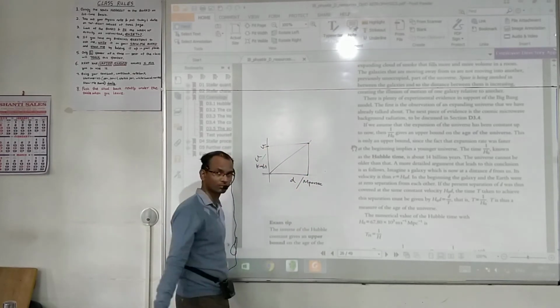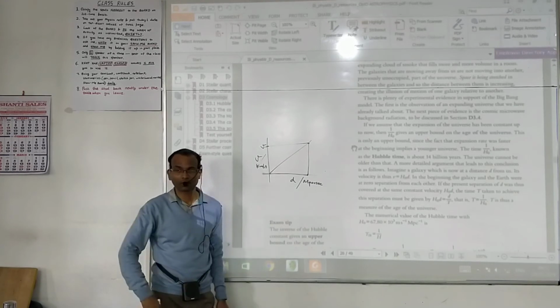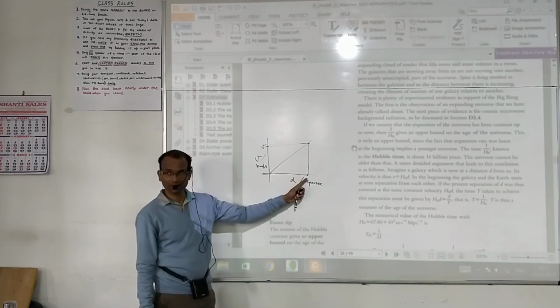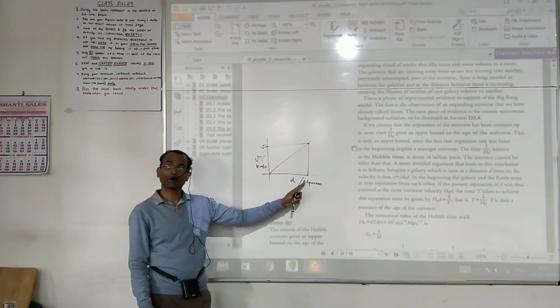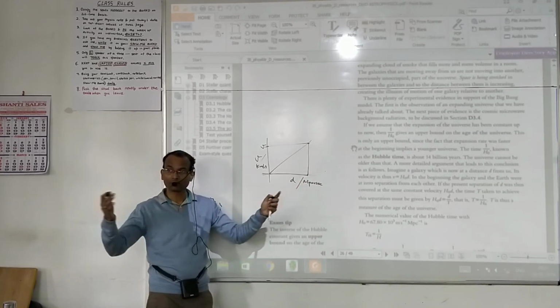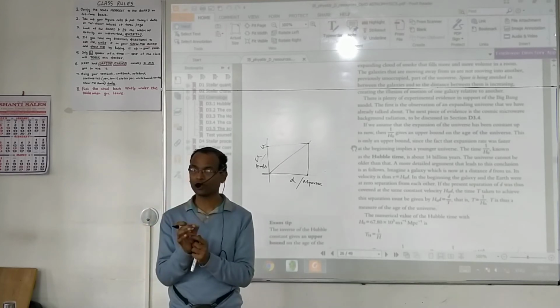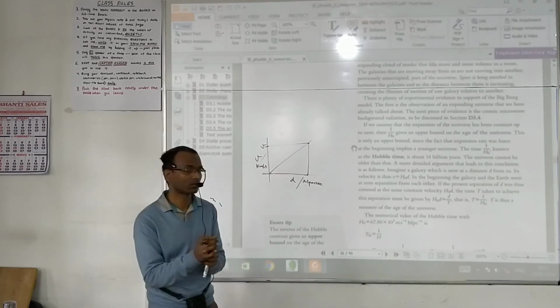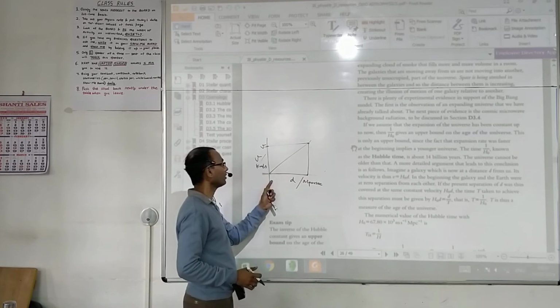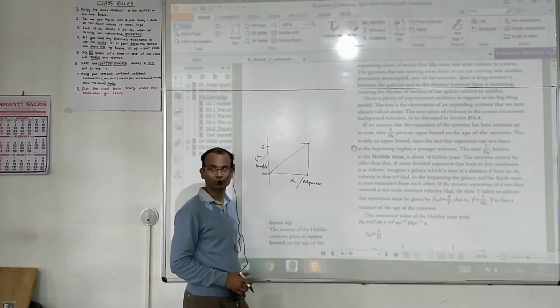Right now it is at a distance d. That means when the universe was created, its distance from us was 0, because everything started from a single point. Agreed? So it has traveled a total distance of d.